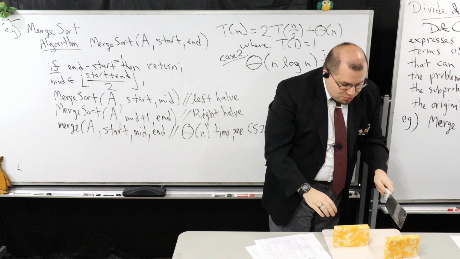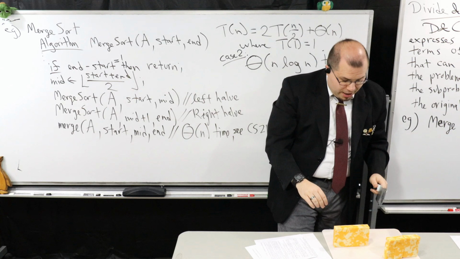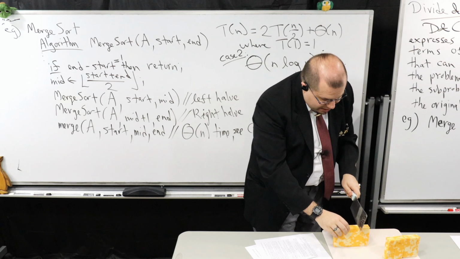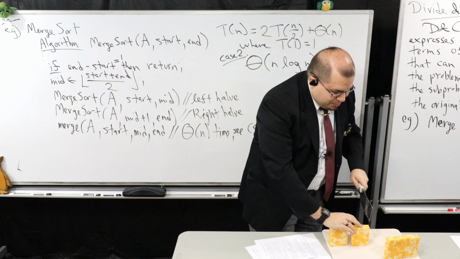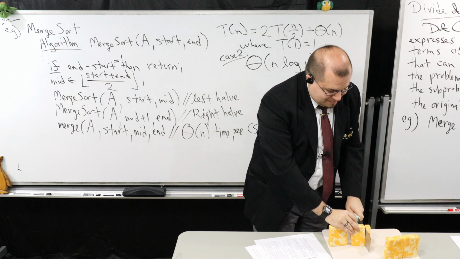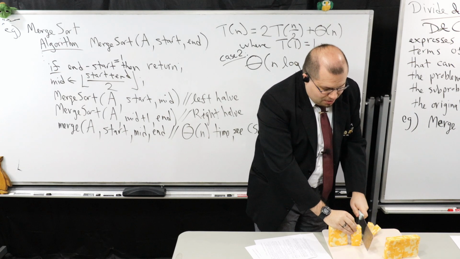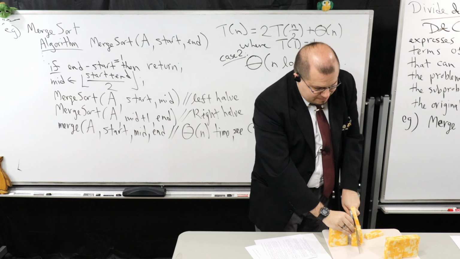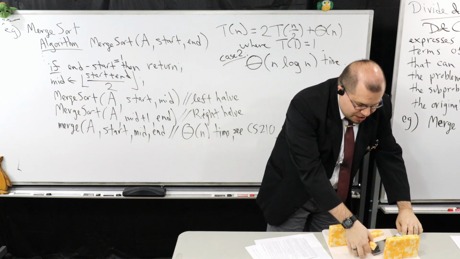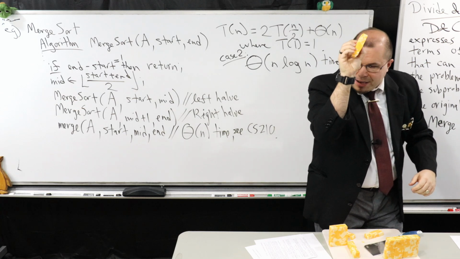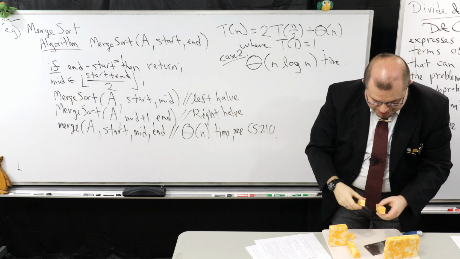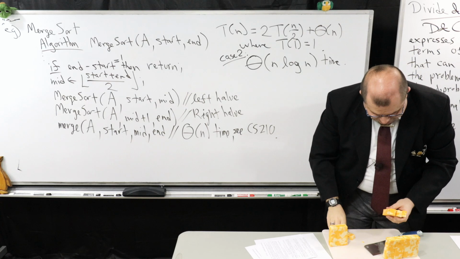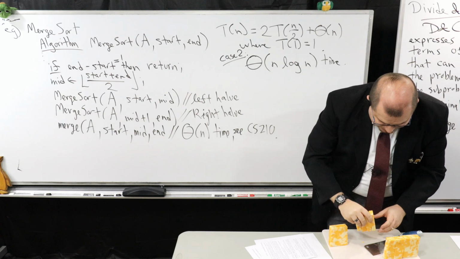Now, when each one of those 2 halves are applied, 4 recursive calls are going to happen. So I'm going to end up with 4 pieces of cheese. They're all going to be equally sized. Each one of the recursive calls on my next smallest chunk is going to look like this.